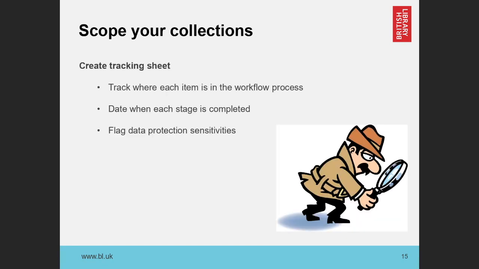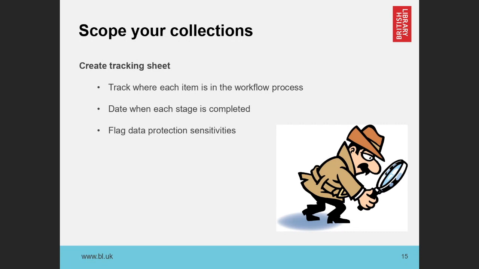Okay, the next stage we do with scoping is creating a tracking sheet. This is just an Excel document, and it's not obligatory, but it's something we find useful because it identifies where each item is and at what stage they're at. So this item's being digitized, this item's been catalogued, it's had a SIP done.